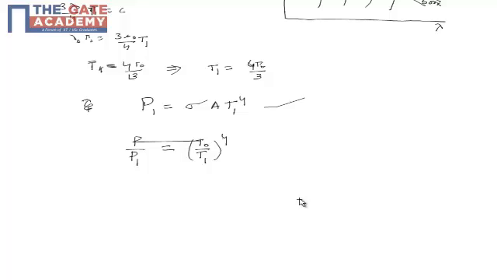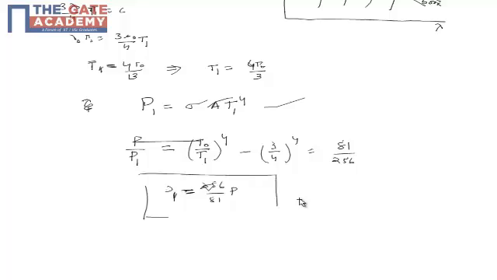Based on the ratio, T naught by T1 is 3 by 4, so we get 3 by 4 to the power 4, which is nothing but 81 by 256. So the new power P1 will be 256 by 81 times P. So the option for this is D, 256 by 81. Thank you.